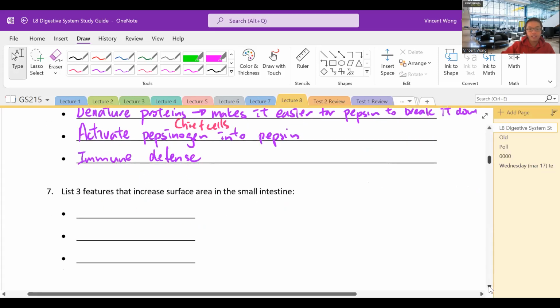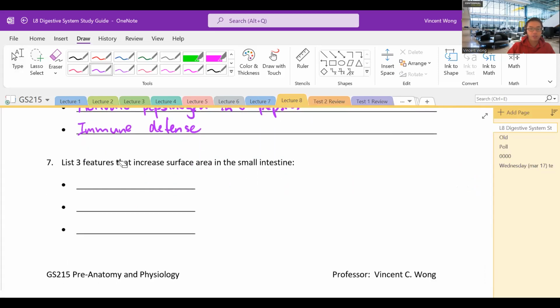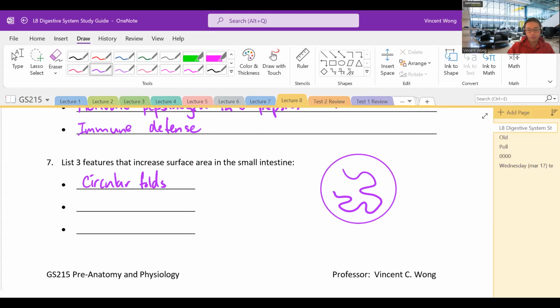Number 7, list 3 features that increase surface area in the small intestine. All right, so first you have these circular folds. If you take a cross section of your small intestine, it's not smooth on the inside, it has all these circular folds. If you take one of these circular folds and zoom in, you will see there are additional foldings.